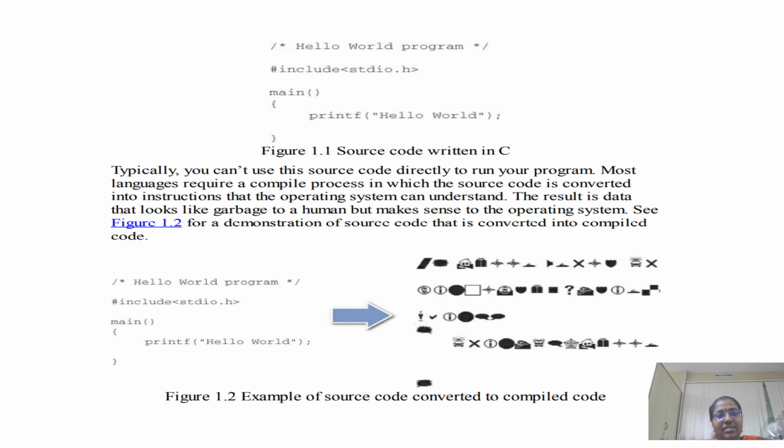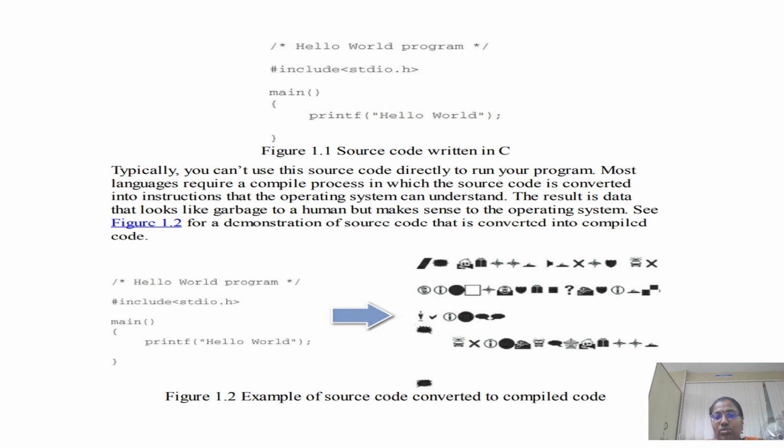The left side of the screen is your C code, which a human can understand and write. The right side is the compiled and assembled version of your C code, which only the machine or your processor can understand. Here comes open source: the source code you wrote in C, you can make available to everyone.